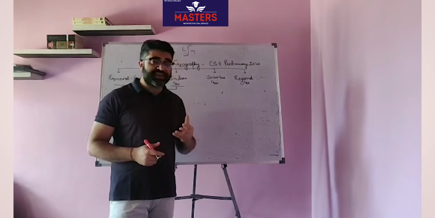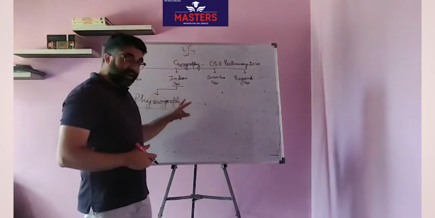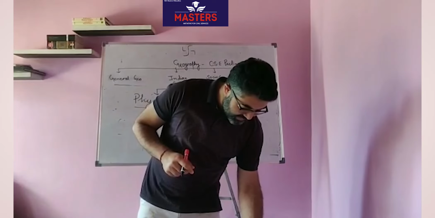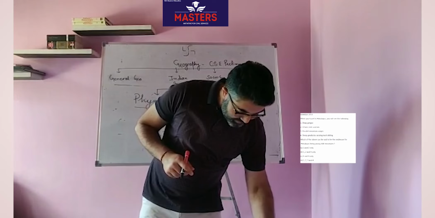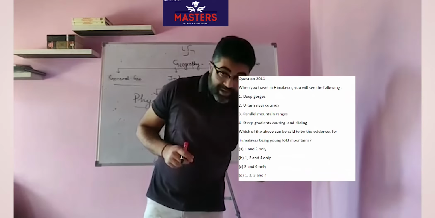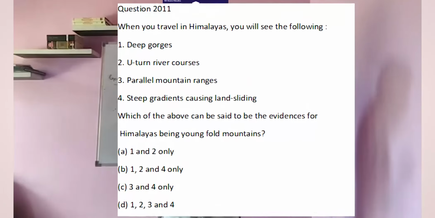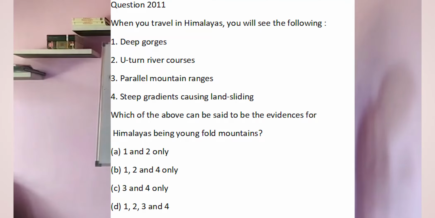There are some questions asked related to geomorphology and physiography. One question which was asked a few years back, I think in 2011: when you travel in Himalayas, you will see the following: deep gorges, U-turn river courses, parallel mountain ranges, steep gradient causing landslides.